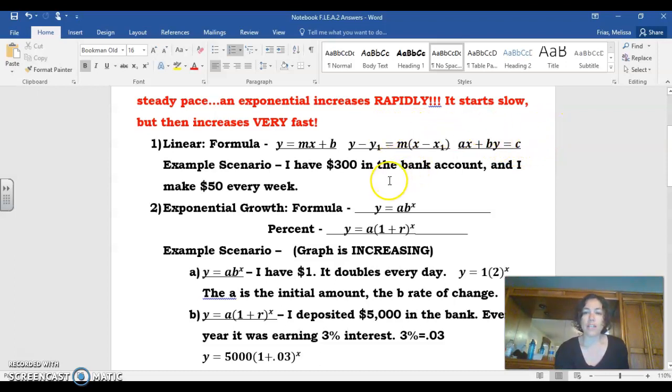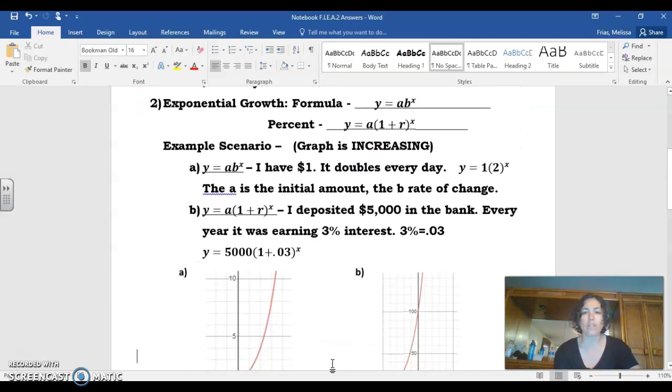Just like you can take a y-intercept and a slope and plug it into the equation, you can do the same thing with exponential functions. And I'm going to show you that right here. You have y equals ab to the x, and basically this a right here is your initial, your y-intercept, and this b would be kind of like your rate, kind of like a slope, except your slope isn't constantly going up.